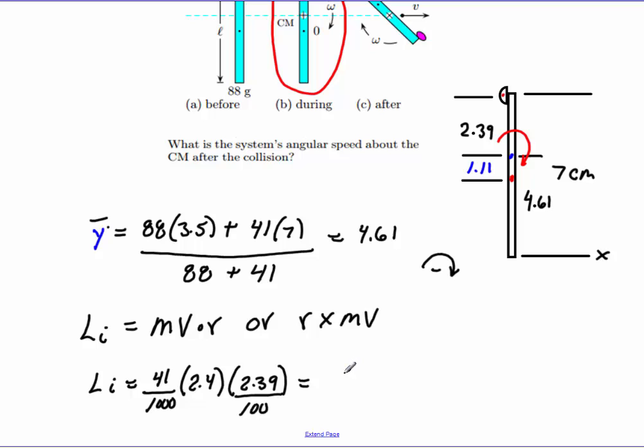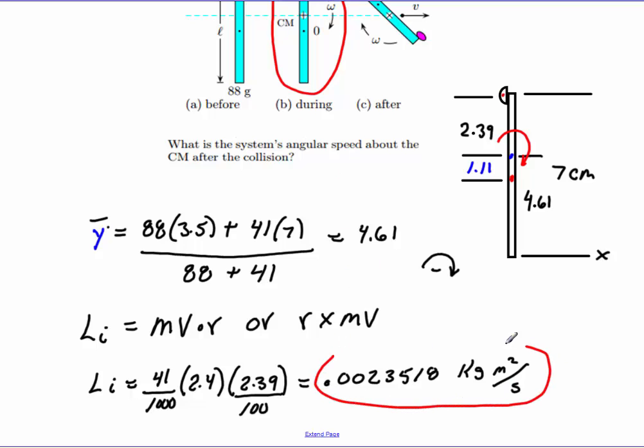Did you get something like 0.00235? Does that make sense? That's going to be in kilograms times meters squared over seconds. Everybody go with that?